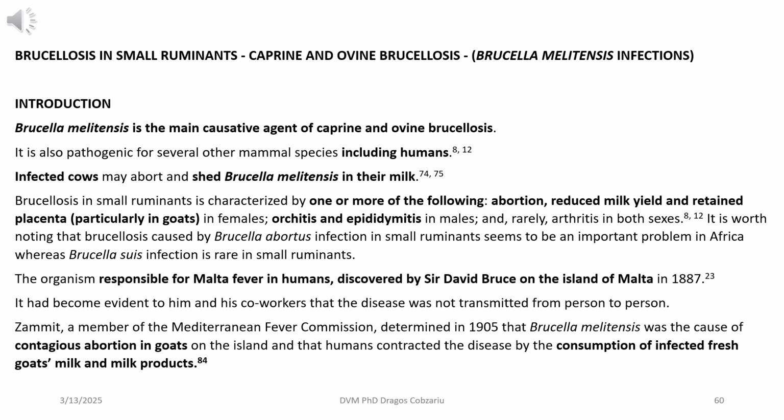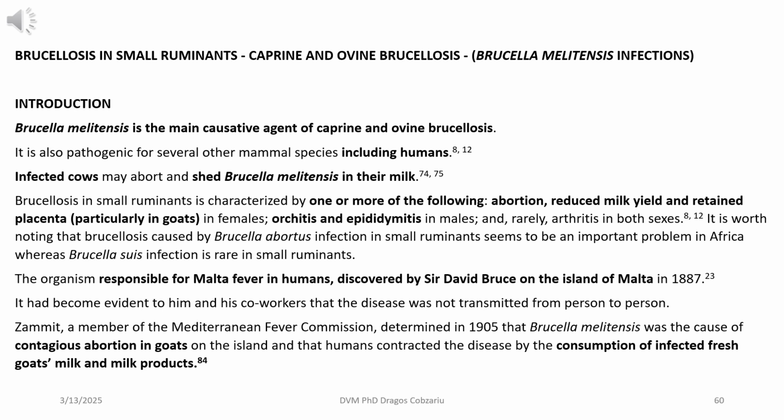Brucellosis in small ruminants is characterized by one or more of the following: abortion, reduced milk yield and retained placenta, particularly in goats, in females, orchitis and epididymitis in males, and, rarely, arthritis in both sexes. It is worth noting that brucellosis caused by Brucella abortus infection in small ruminants seems to be an important problem in Africa, whereas Brucella suis infection is rare in small ruminants.